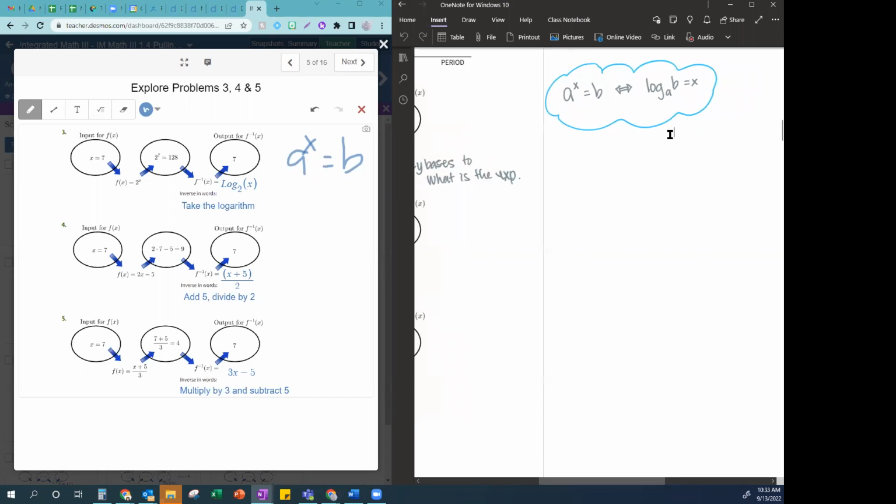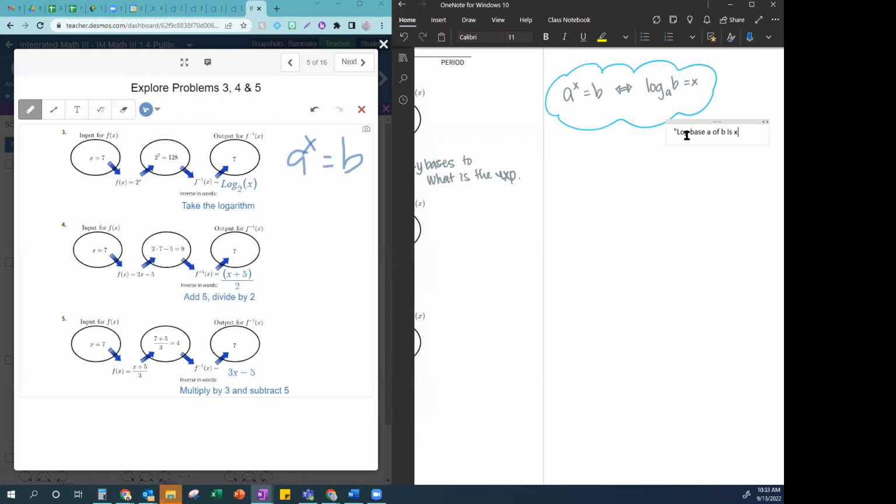This means log, this is how you would say it in English, log base a of b is x. So that's what we're saying.